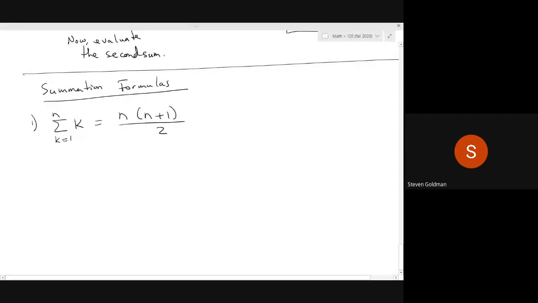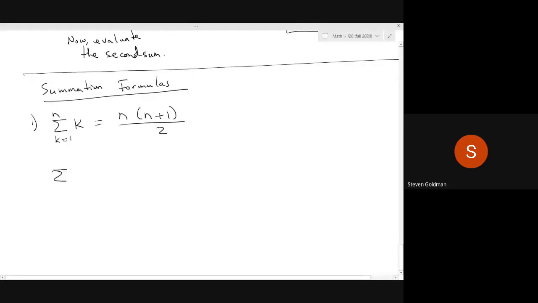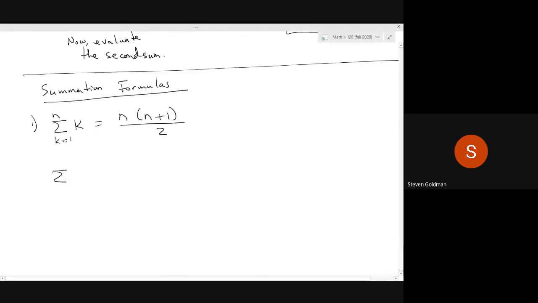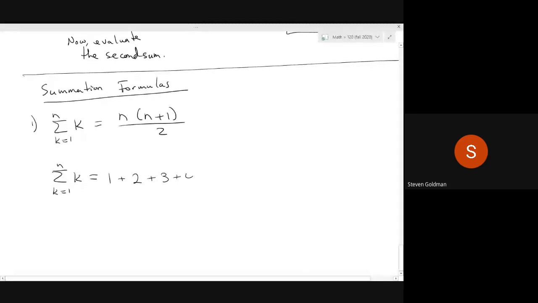Okay. Well, what is this? This is actually the sum of the first n positive integers. All right, let me write it out over here. What is this sum? If I start by plugging in 1 for k, I get 1. Plus, then if I plug in the next one, I plug in 2 for k, I get 2. Then plus 3, plus 4, plus dot, dot, dot, all the way up to n.